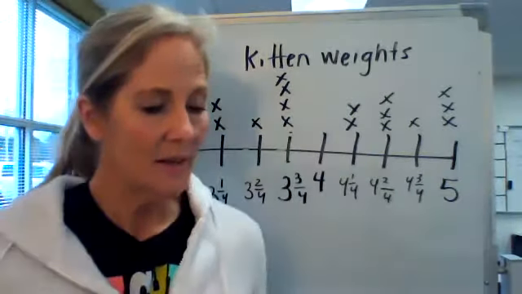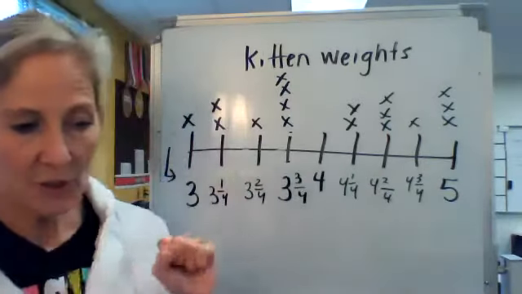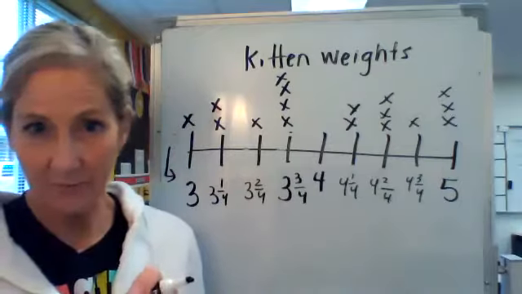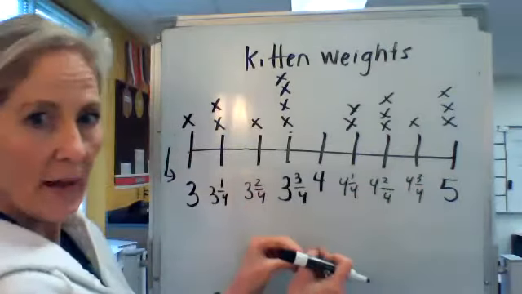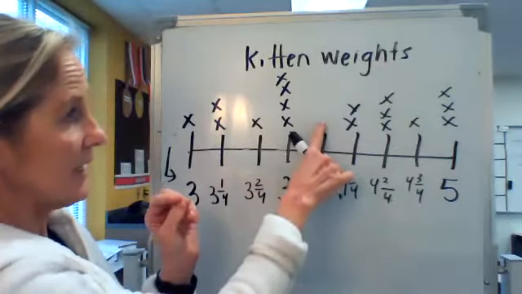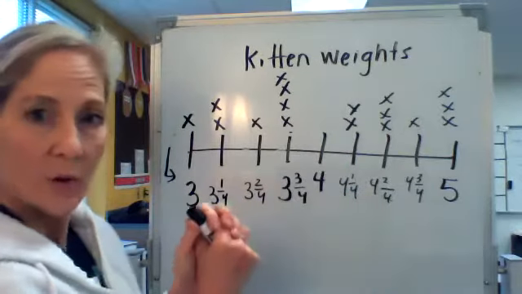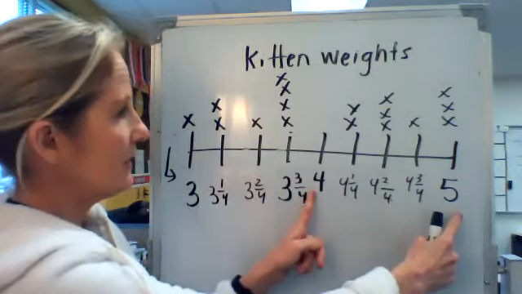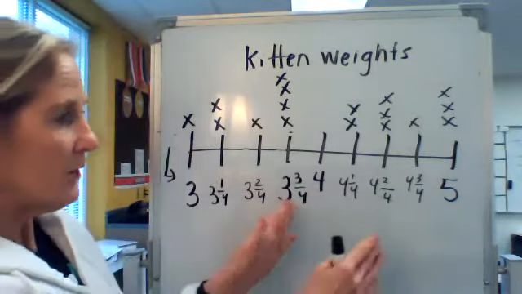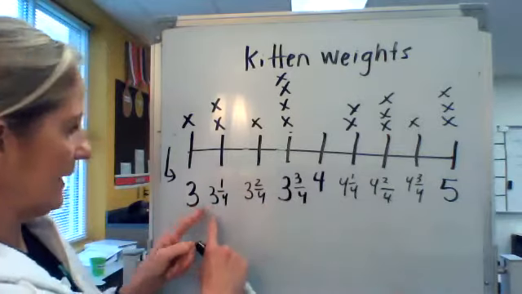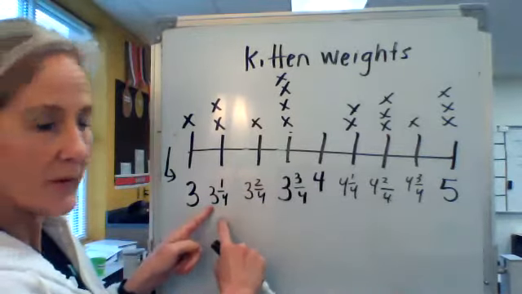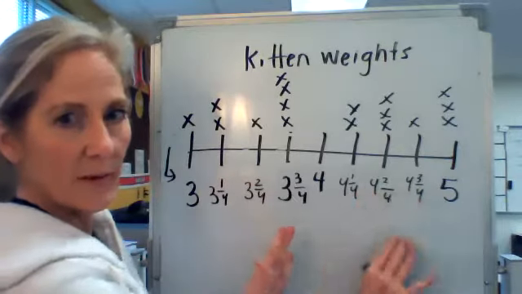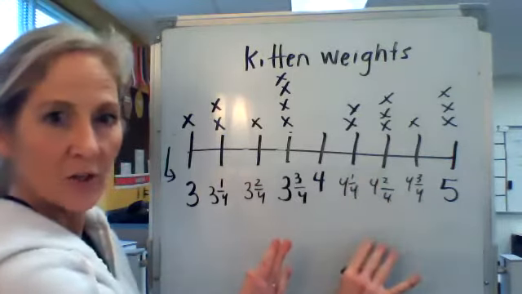That feels good. Then we found out that in part 2, 2 of the kittens weighed 9 pounds together. So which 2 fractional amounts, and it has to be one that there is actually a kitten on, could equal 9 pounds? It would be nice if I could just do 5 pounds and 4 pounds, but you can just play around with them. We know it's not going to be 2 small numbers, right? Because that's just going to get you up to 7. So we know we're going to want to be in the 4 and some other fractional amount.